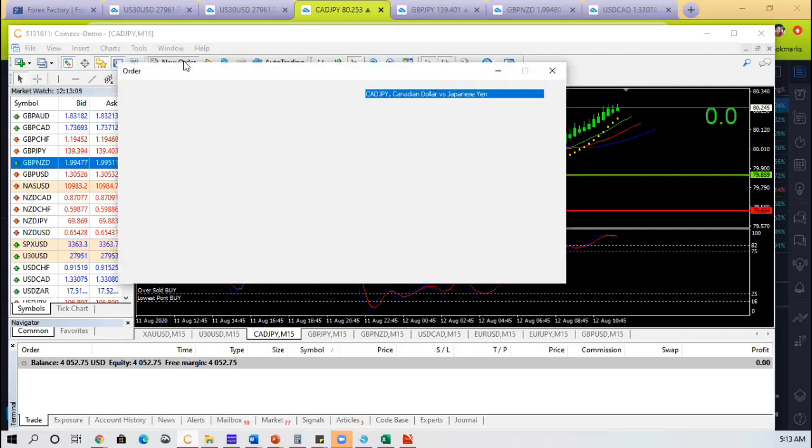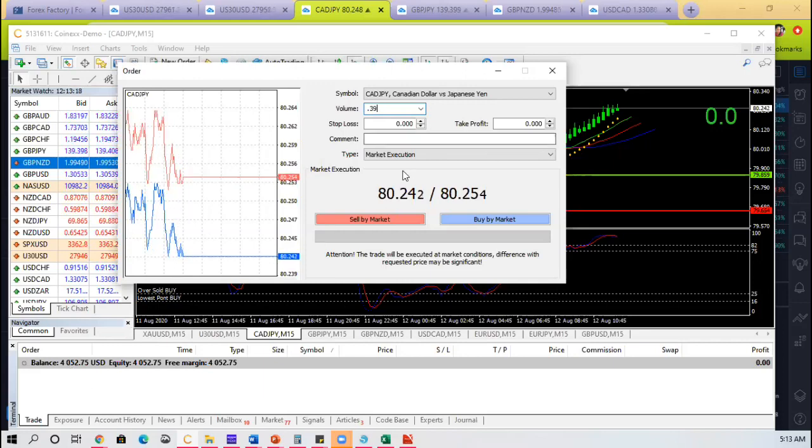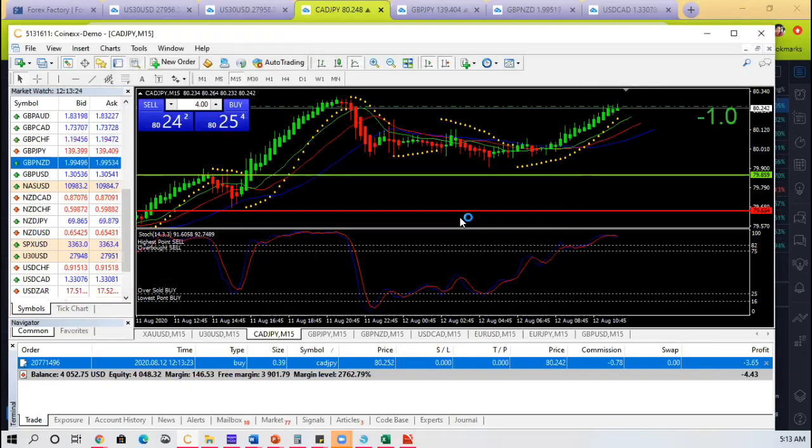We're going to click new order. And you want to make sure that your lot size is comparable to your balance. Okay, market execution, we're going in for a buy. Go ahead and select buy. Then we can go back and modify.